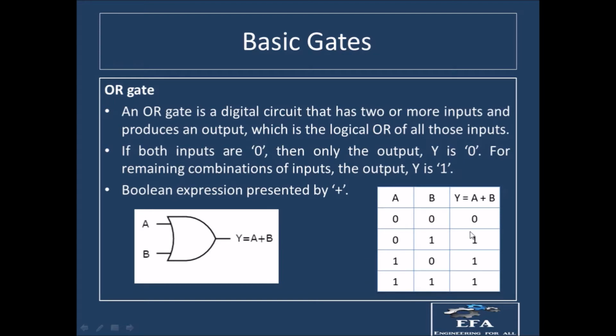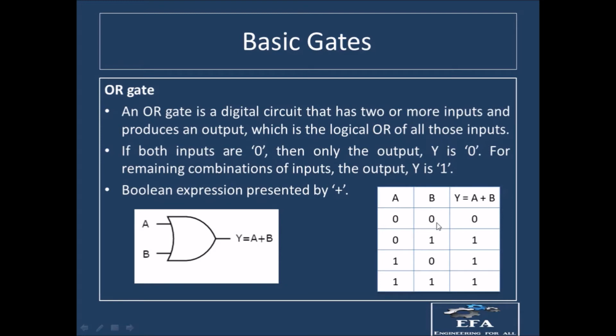Now in the OR gate, if we are having either one or both the ones, then we will have the output equal to 1. Where there is no input equal to 1, the output will be equal to 0. It means if all the zeros are coming from the input lines, the output will be equal to 0. Here you can see that this function is nothing but the addition format, like we have in general mathematics.